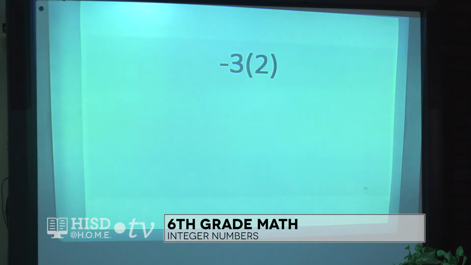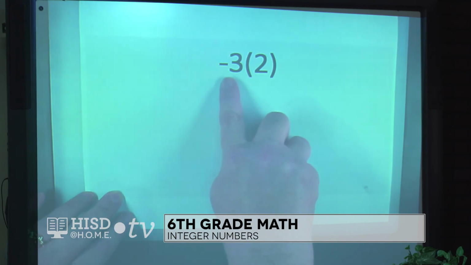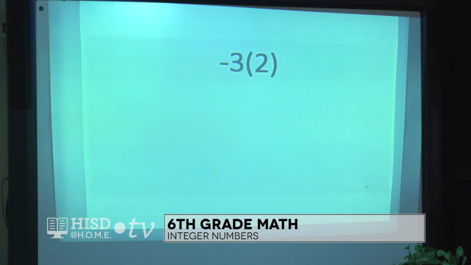Except this time, it's telling me to create groups of positive 2. And I want to do 3 groups of positive 2 and then take the opposite. Okay, I got this. 3 groups of 2, and then I want to take the opposite at the end. So 3 groups of 2.